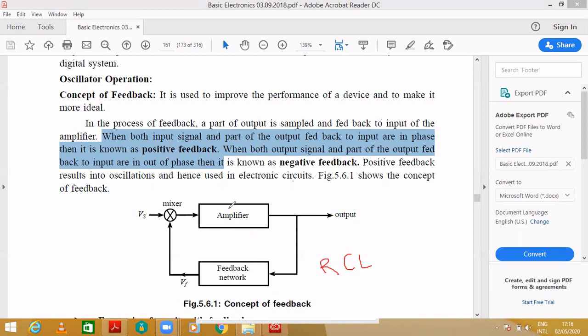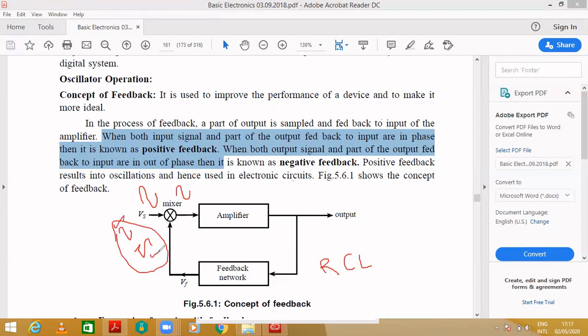So you are giving this signal, and when you feed it back, after the feeding back it is also in phase, then it is positive feedback. It is not changing any phase. Suppose you are giving the input like this, and after it goes through the amplifier and comes back through the feedback network, there is a phase shift between what you are feeding and what you are getting.